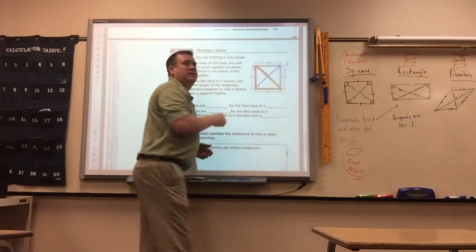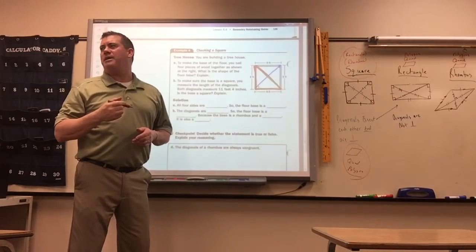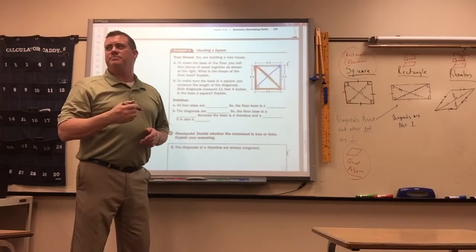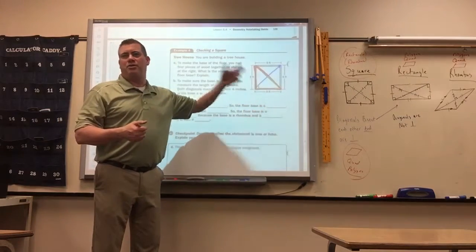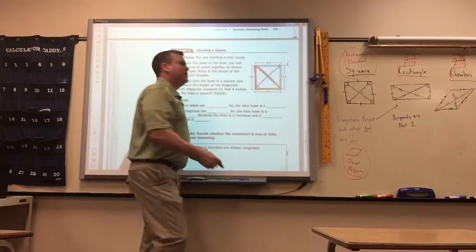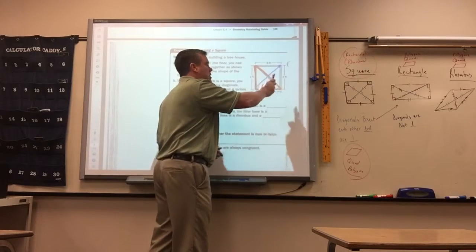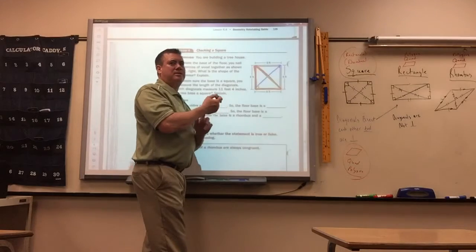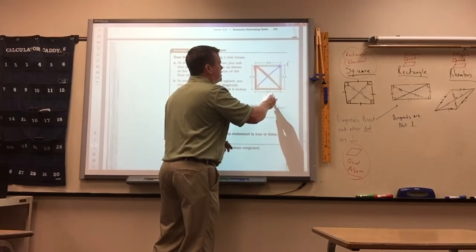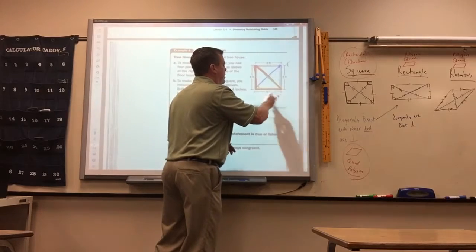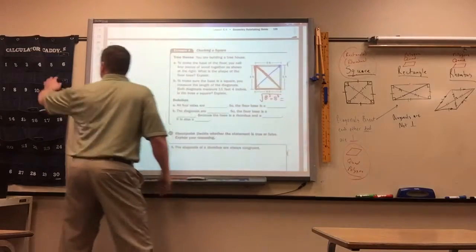Right triangle. If you know two sides of a right triangle, you can find the third by using the Pythagorean theorem. It's 8 squared, 8 squared. Do you add them or subtract them? Add. When you're looking for the hypotenuse, you add them. So 8 squared plus 8 squared, and then remember you got to square root it.